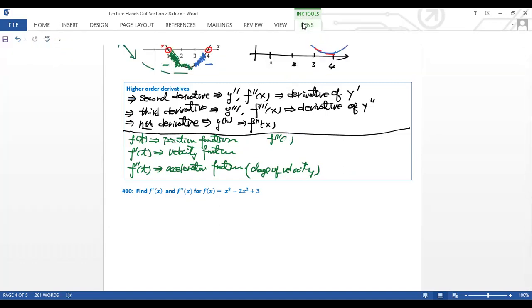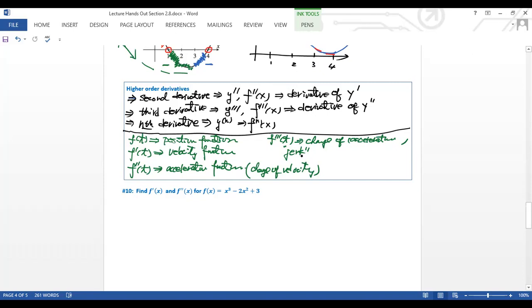The third derivative is the change of the acceleration, and we have a funny name for it: we call it the jerk. It's like sitting in a car where somebody keeps pushing the gas pedal, then immediately pushes the brake, then the gas again, so it jerks you around. We call this the change of acceleration, the jerk.